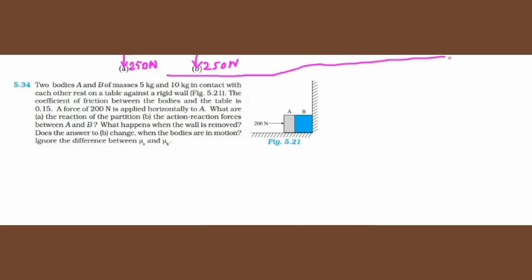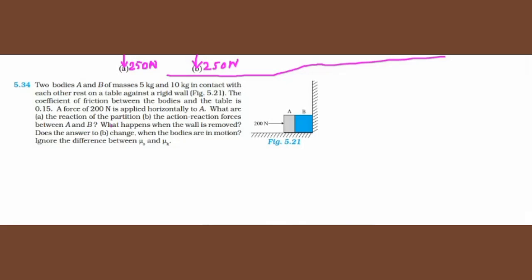Okay, so between A and B, 200 Newton force is applied here. So object A applies a force 200 Newton on B. B gives opposite reaction. So there is no scope of any movement there.